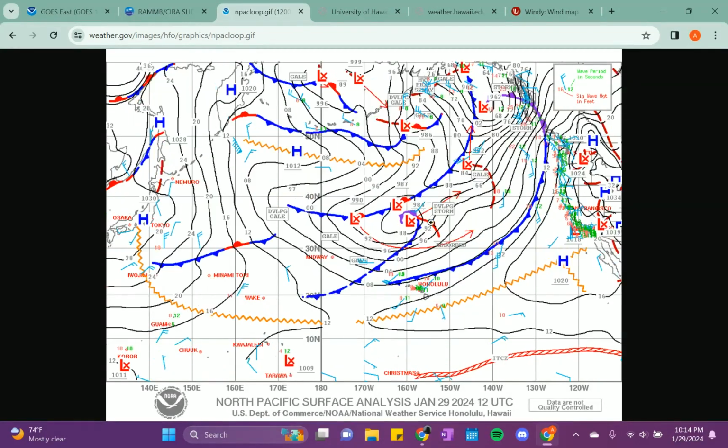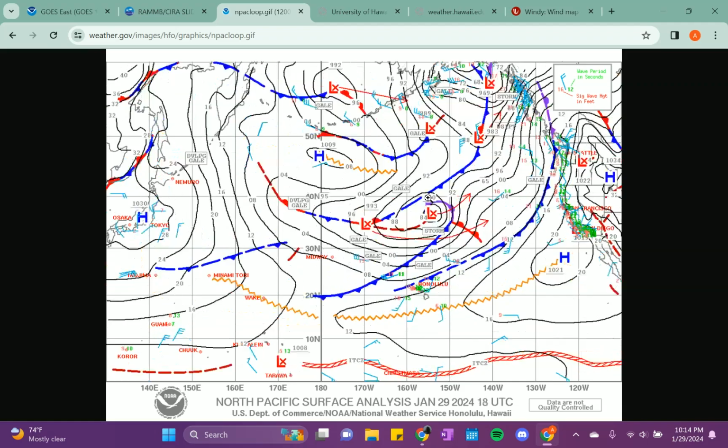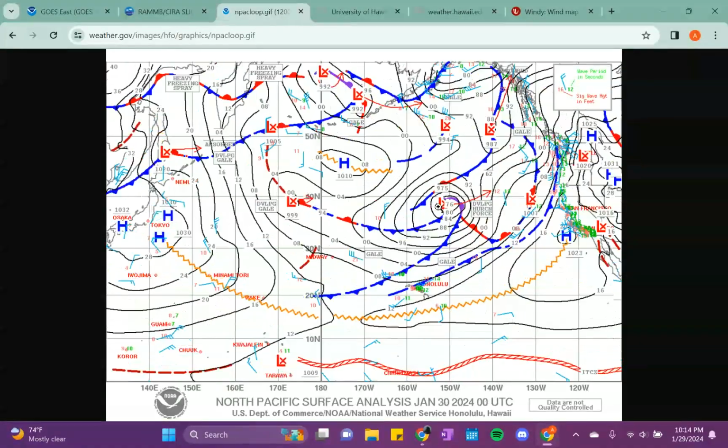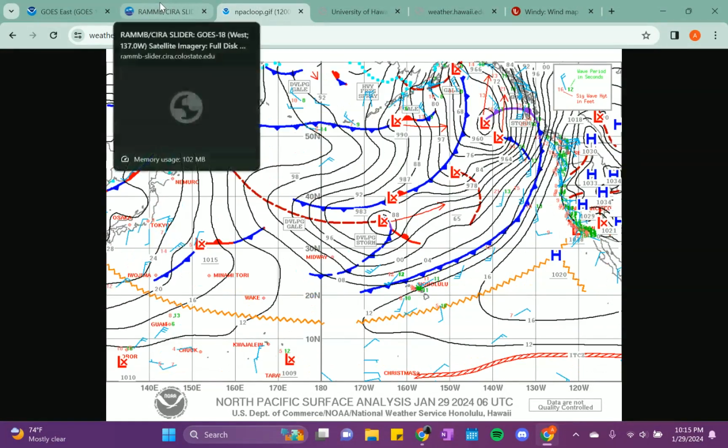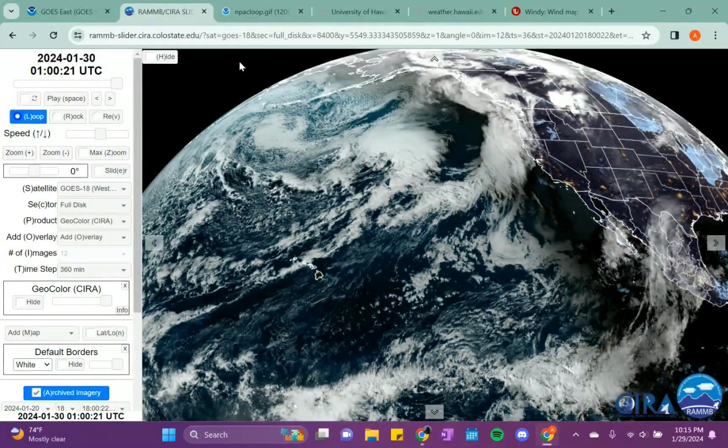Right now, we see that there is a low pressure system, a pretty strong storm, up to the north of Hawaii, and currently crossing over us is the tail end of the previous low pressure system that is now extended over to the Pacific Northwest. We can see these here in this imagery.